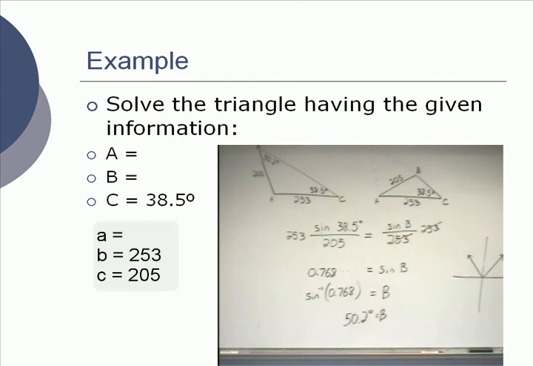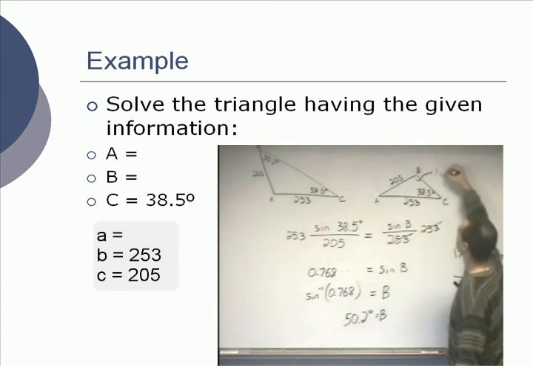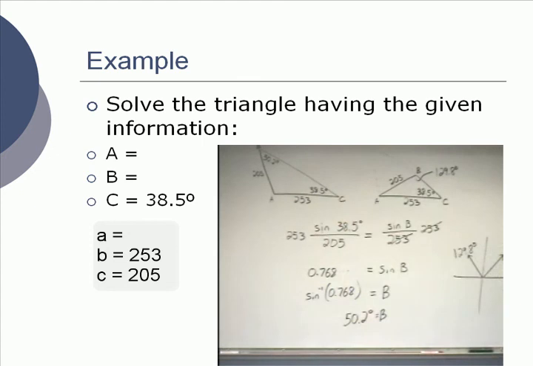So we know that it's 50.2 degrees, and 180 minus 50.2 tells you that the other solution is 129.8 degrees. Okay, the math doesn't lie. There's two possible triangles, and when we solve this equation, it tells us there's two possible angles for B.